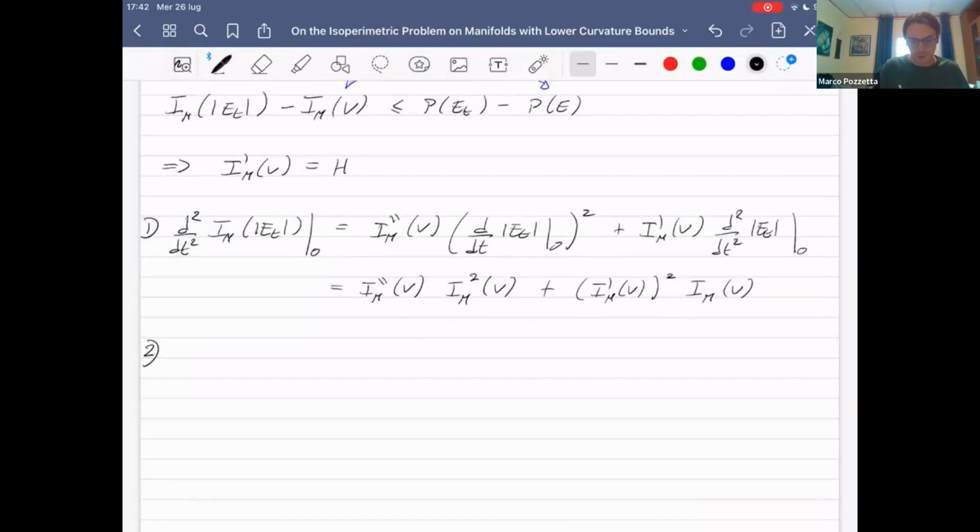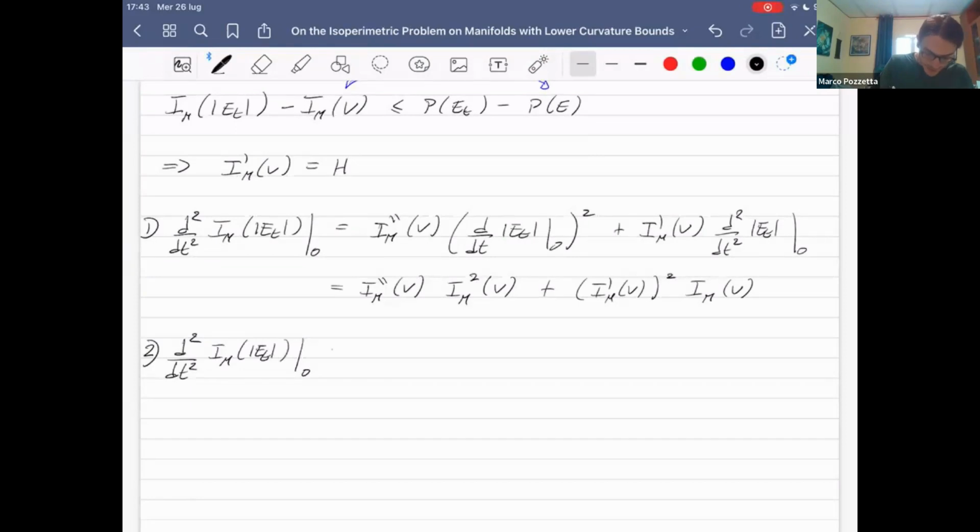And now the second and final computation is to estimate from above, thanks to the upper touching function, the second derivative of this composition, I_M of the volume of E_t, at t equal to 0.